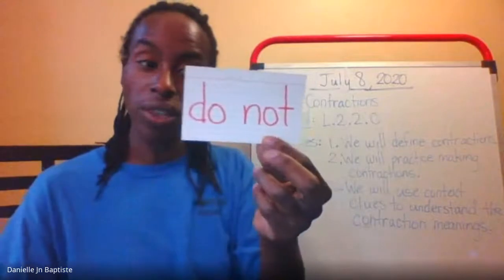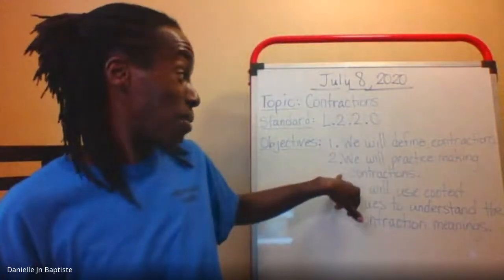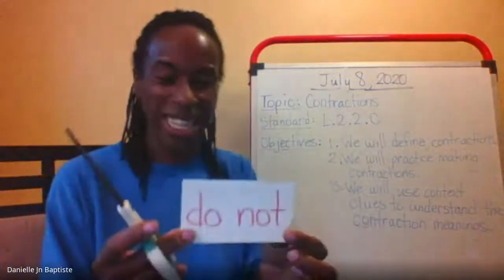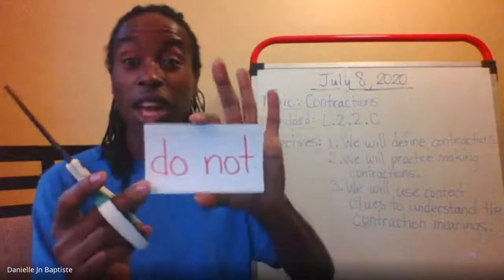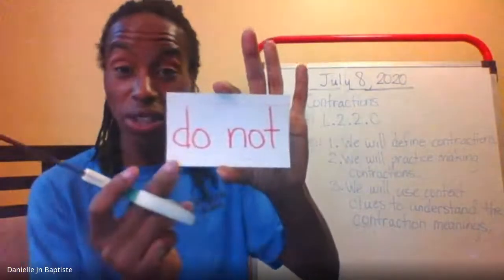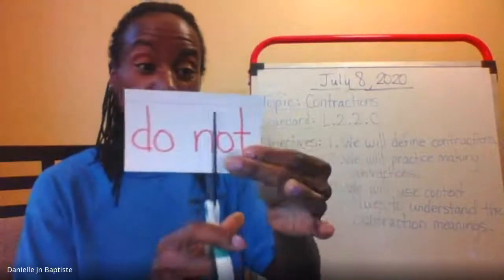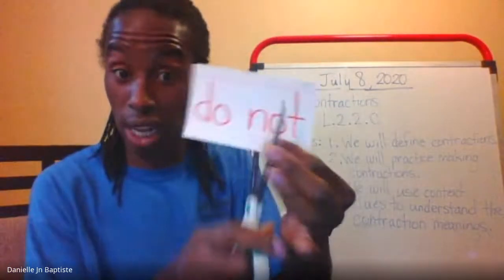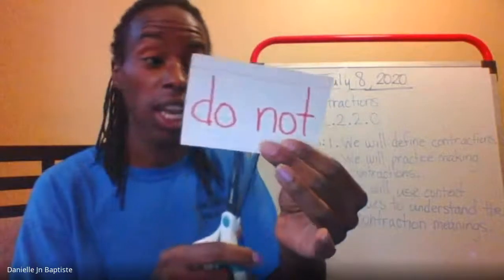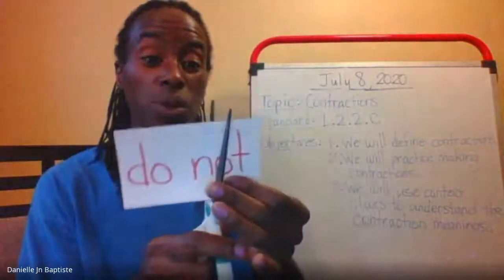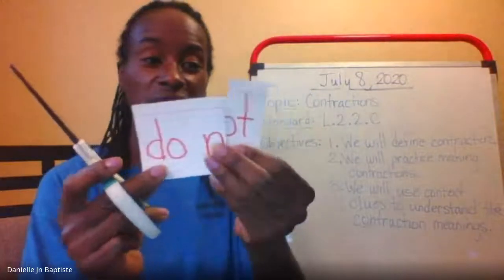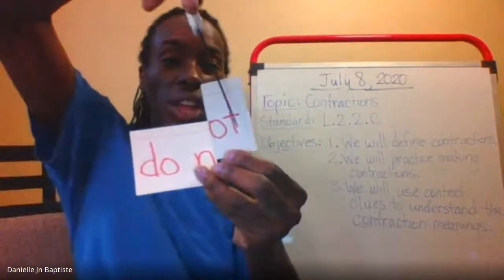And so we did this. In order to make the contraction, this is the fun part. And we're on number 2, by the way. We're practicing making contractions. I love this part. This is going to be fun. In order to make a contraction, you have to take 2 words. Here are the 2 words. Do not. You have to take 2 words and put them together so that you can make one word.